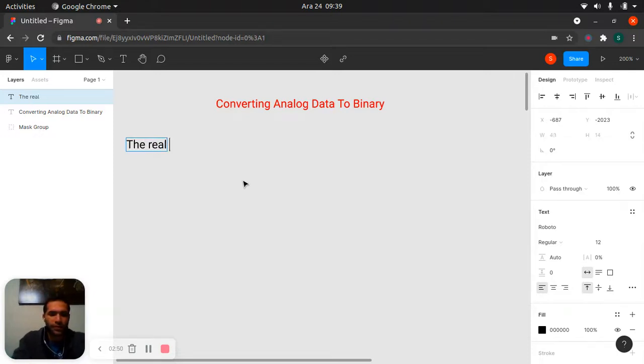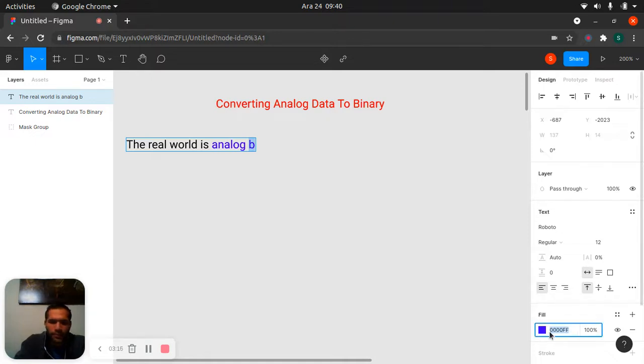The real world is analog. Let's do it in some different color. Let's go back here and use black. Okay, this one is black.